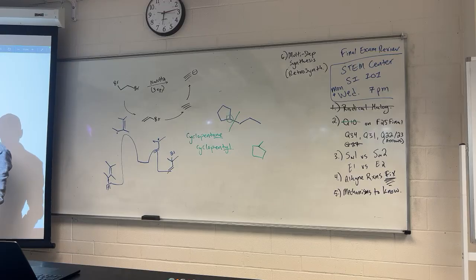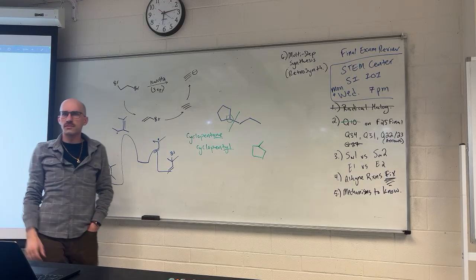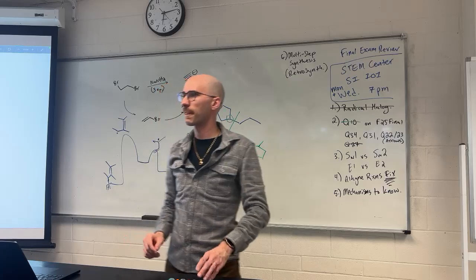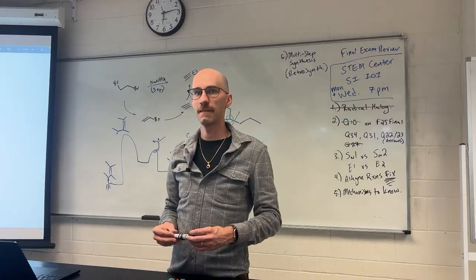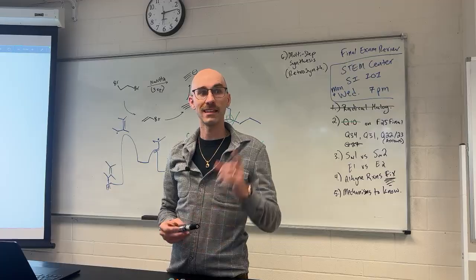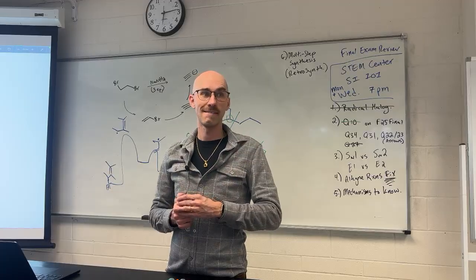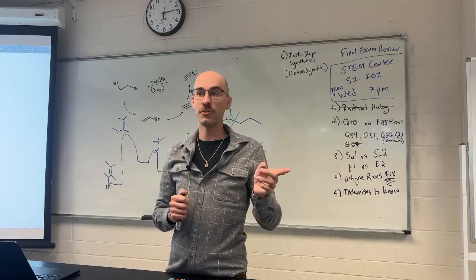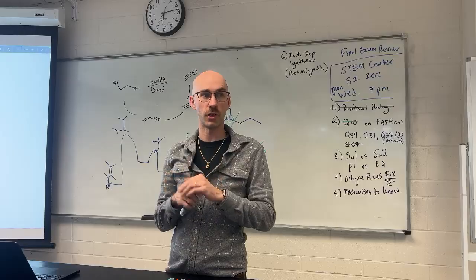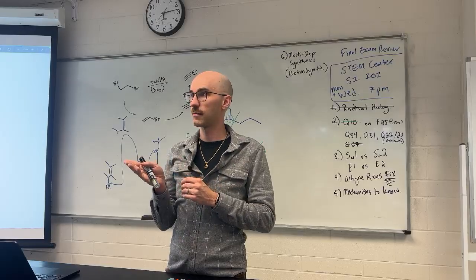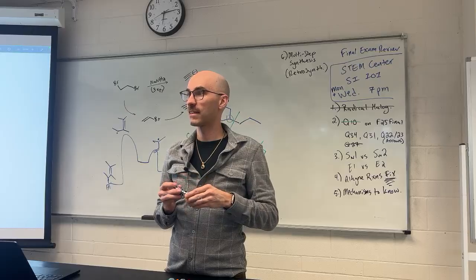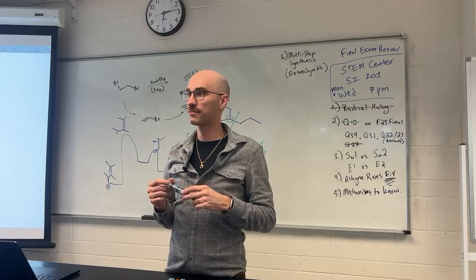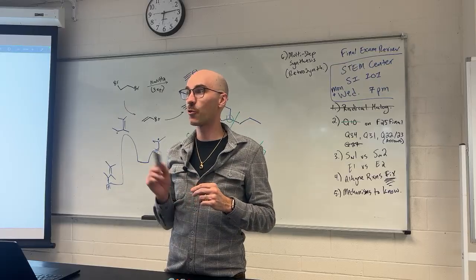OsO4, what did we use that with? What reaction was osmate used in? It's not to split. I think you're maybe thinking of the ozone reactions, O3. It doesn't run elimination or substitution.